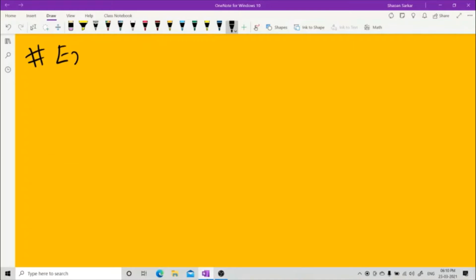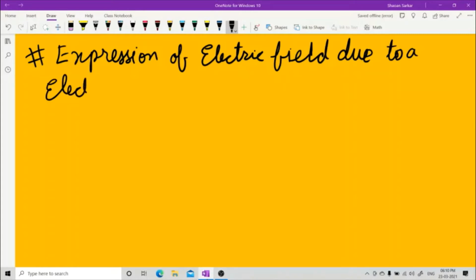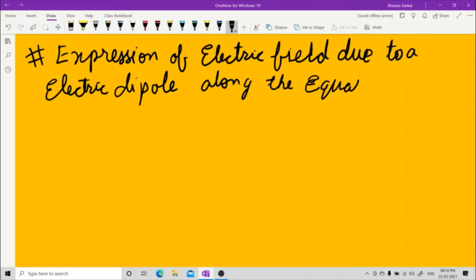Expression of electric field due to a dipole, electric field due to a dipole, along the equatorial line of the dipole.